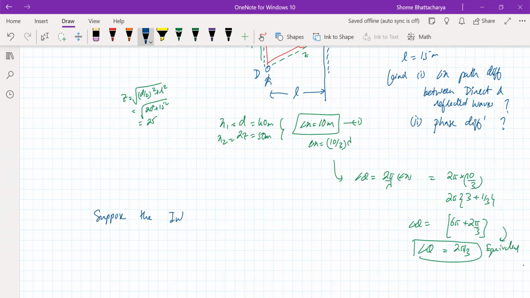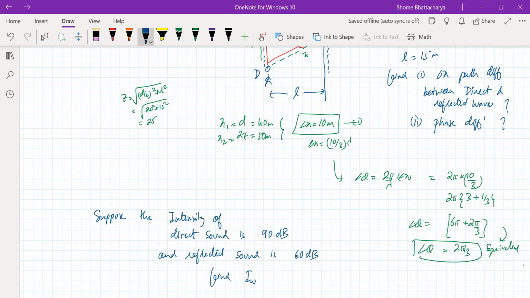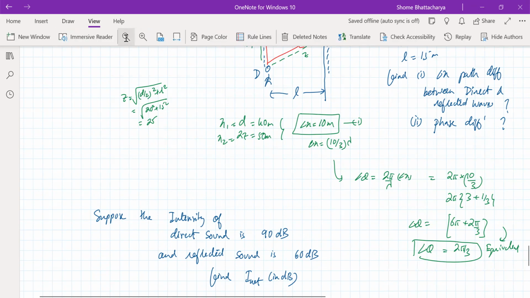Now, for example, suppose the intensity of direct sound is, let's say, 90 decibels. And reflected sound is, let's say, 60 decibels, because a lot of absorption is happening. Then find the net intensity in decibels. So this is where a little bit of extra understanding is required.